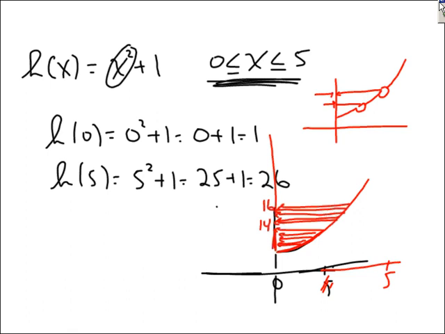But that's not true. These points are filled in. So basically, you're going to get all of these y values. The lowest one corresponds to h of 0, which is 1, and the largest point corresponds to h of 5, which is perfect, 26.